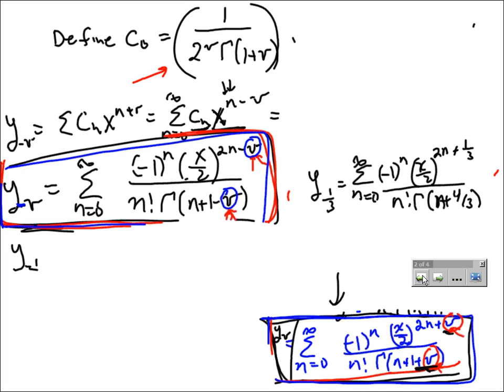Y sub negative a third is the summation, n goes from 0 to infinity. Just put 1/3 there. We already put the negative, okay?